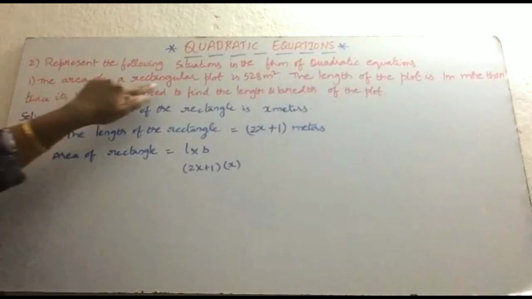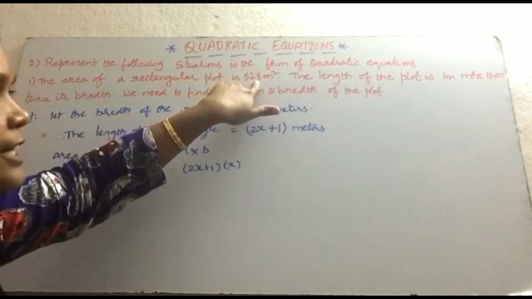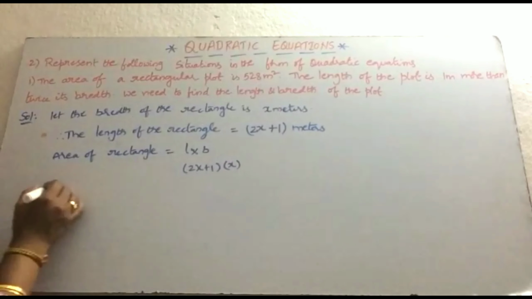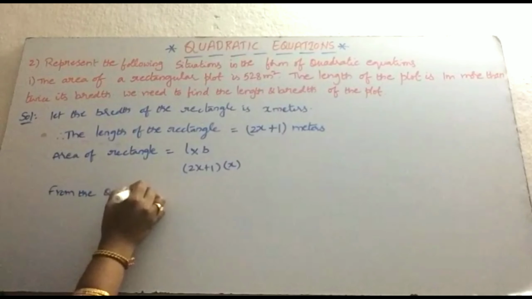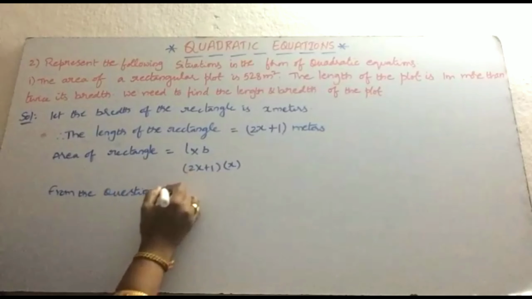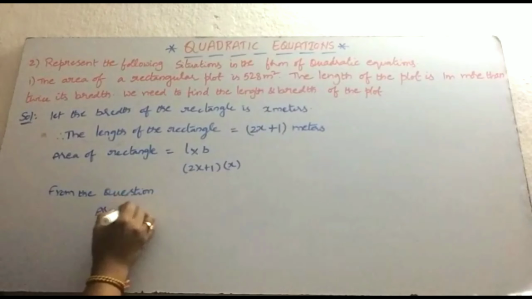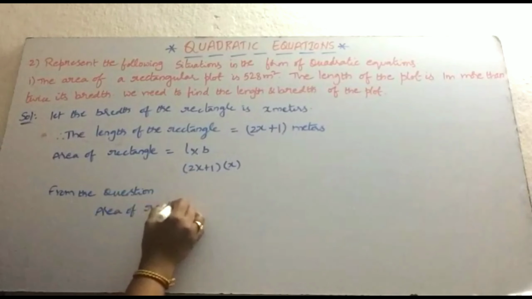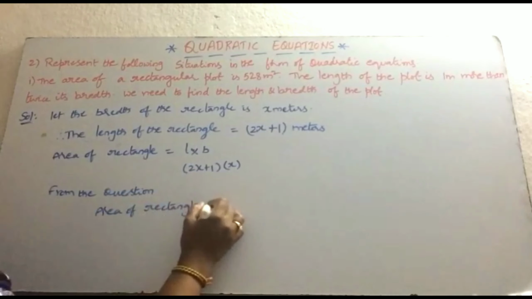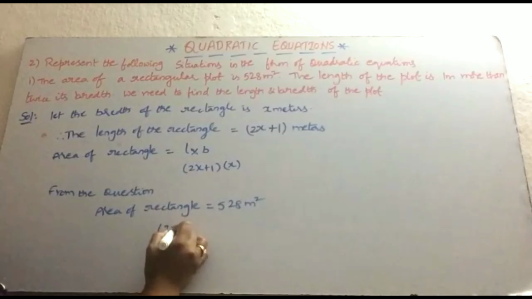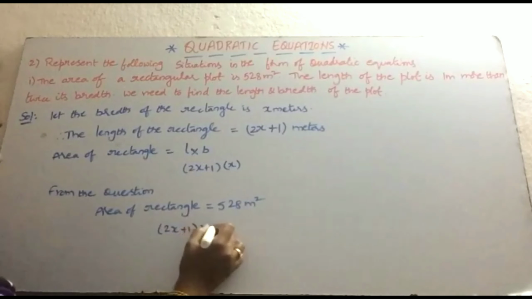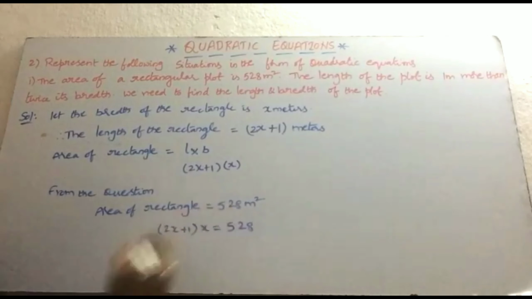But they gave the area of the rectangular plot as 528 meters squared. So from the question, area of rectangle equals 528 meters squared. That means (2x plus 1) into x equals 528.